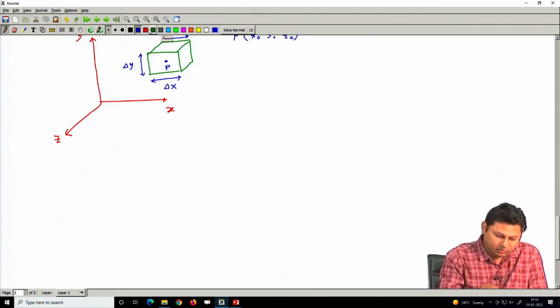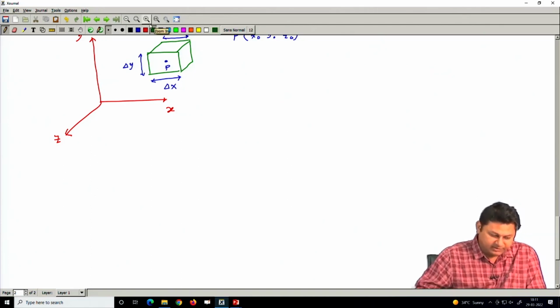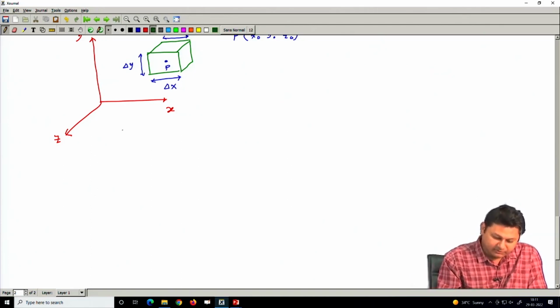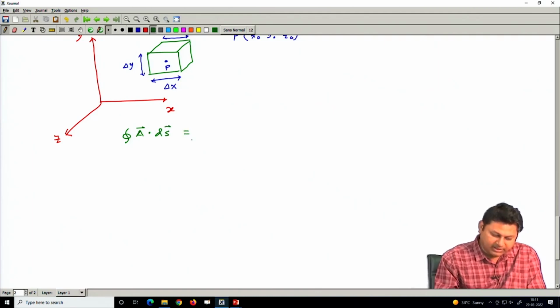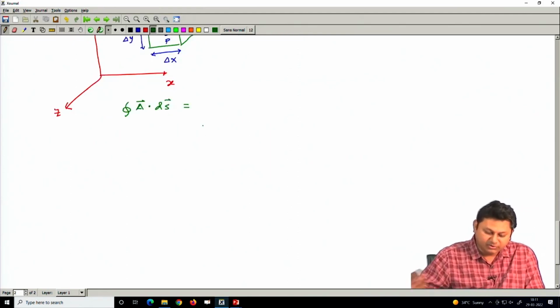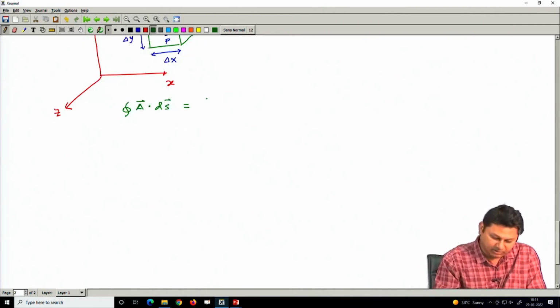So, for this given volume I calculate A dot ds. Now, this is a cube, so I can have 6 surfaces enclosing the entire volume. These 6 surfaces I write in this way.